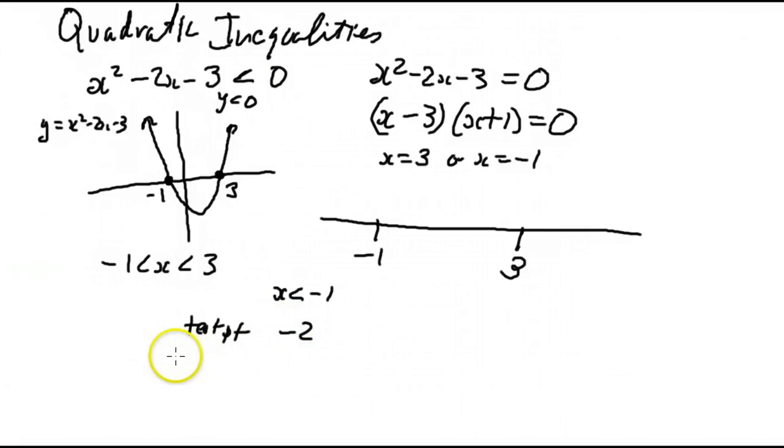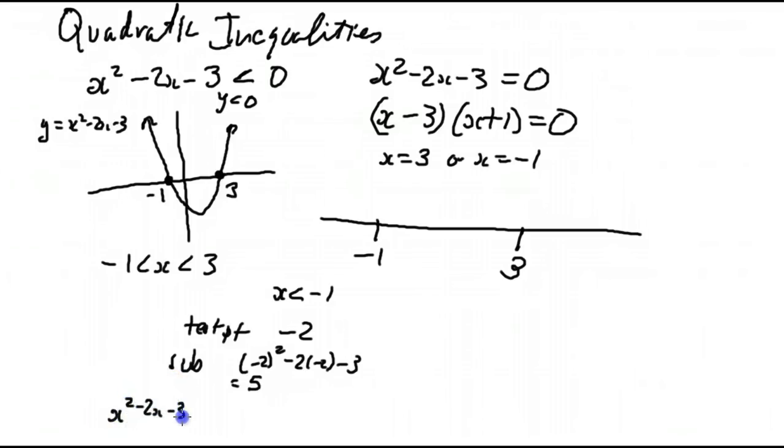I evaluate, so substitute, right, we'll get -2 squared minus 2 times -2 minus 3, which is equal to 4 plus 4 minus 3, which is equal to 5. And so is x squared minus 2x minus 3 less than 0? And the answer is no, not in this particular region.